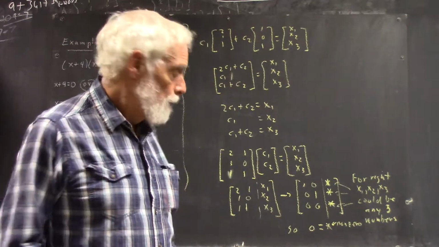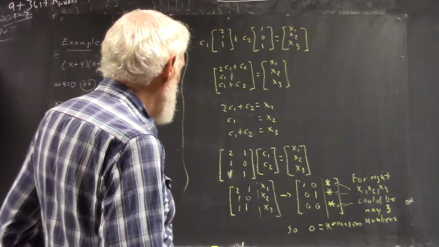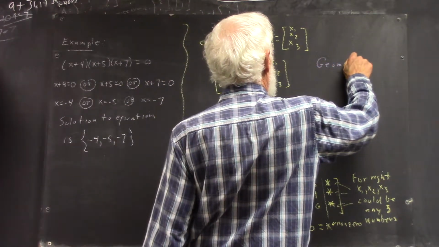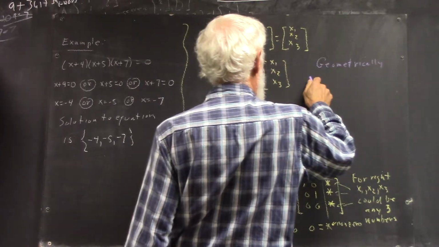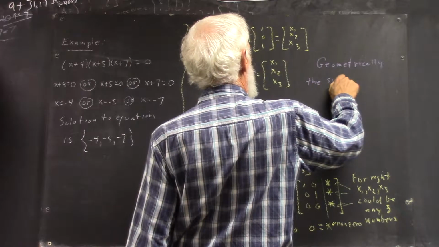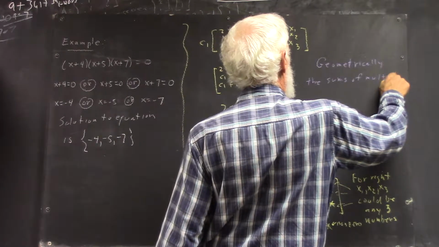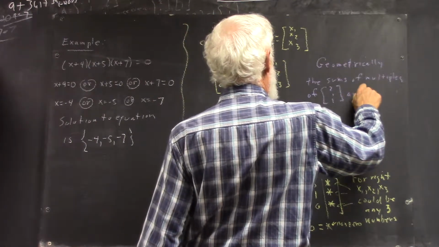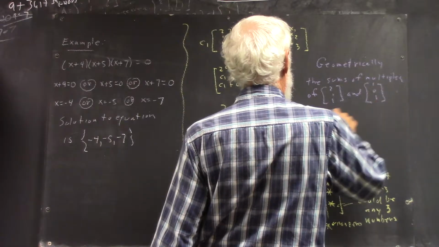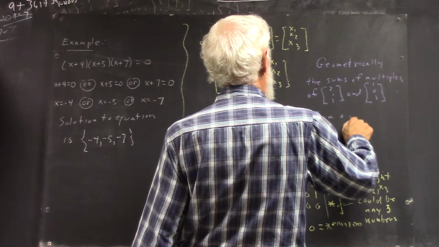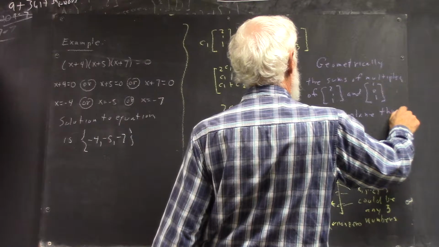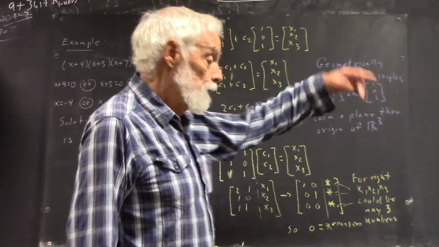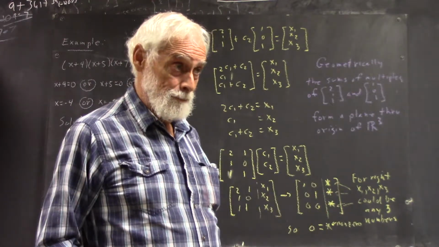Make sense? Okay, well, geometrically, some multiples of 2 vectors in 3-dimensional space form a plane in R3.